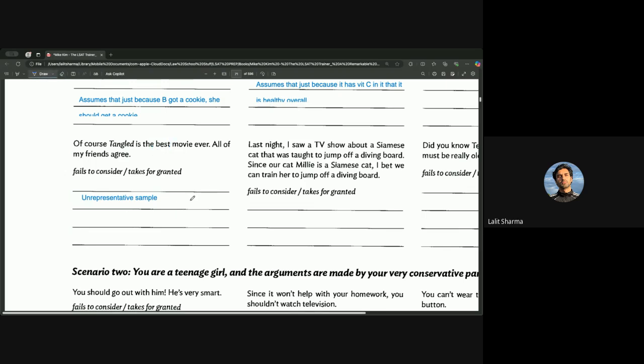You might run into stuff like that on the test too, where they're trying to prove something subjective, and you should be wary of that. When they're trying to prove something that's subjective, it's hard to say that it's definitely the best, or definitely the worst, or anything like that. You get what I'm saying?